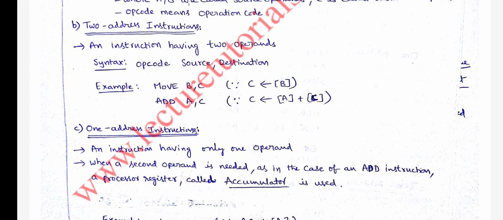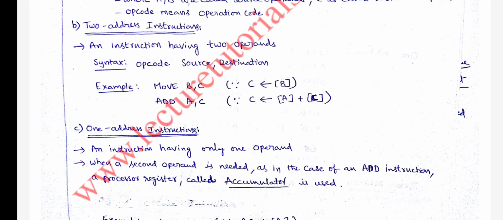So it also represents C is equal to A plus B, because already the content of B is moved to C, right? Here we have to add the contents of A to the existing B and store the result in C. So it also gives the information like C is equal to A plus B. But here we have to use only two operands.